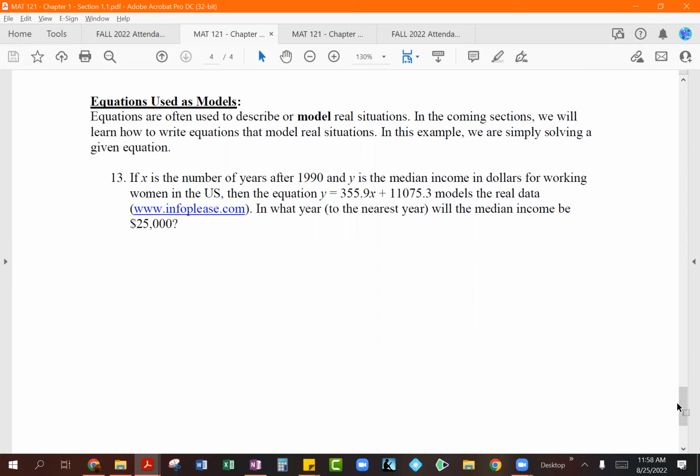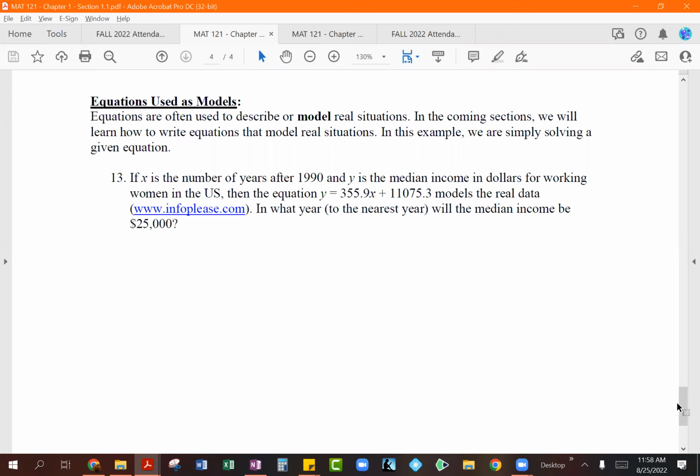They're telling you if X is the number of years after 1990 and Y is the median income for working women in the US, then the equation that's given to us, Y equals 355.9X plus 11,075.3, will model the real data. So they're basically saying, okay, we know X is going to represent the years since 1990.